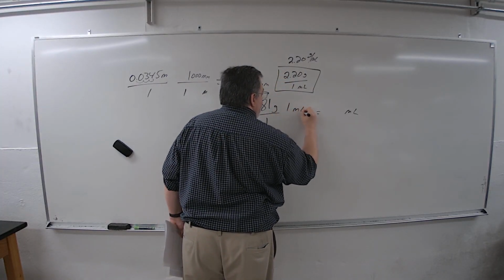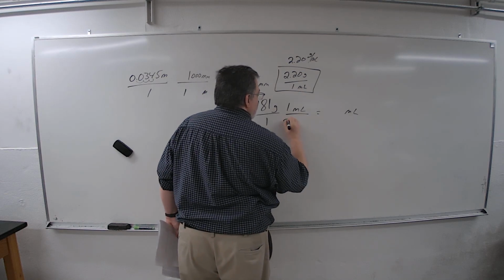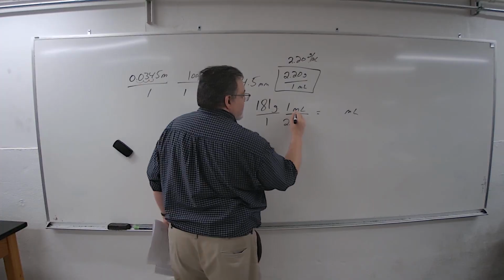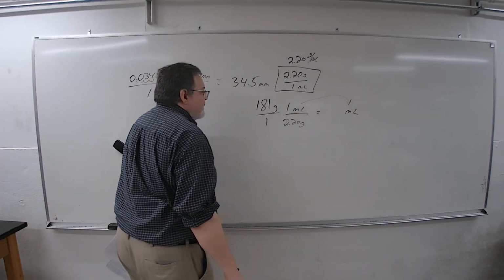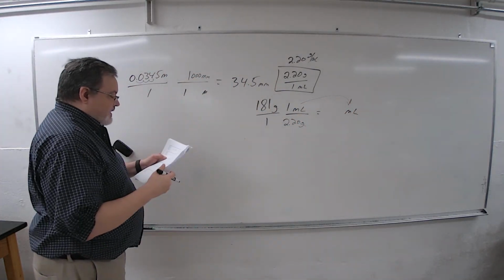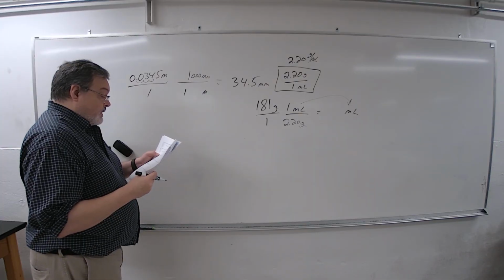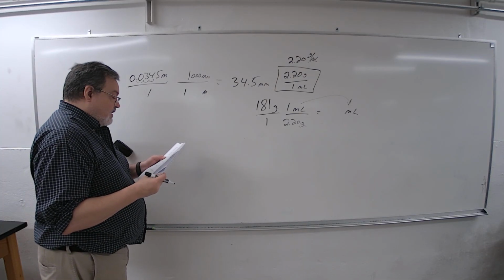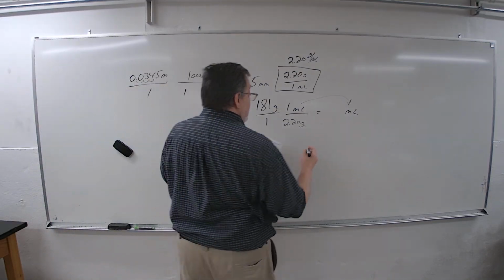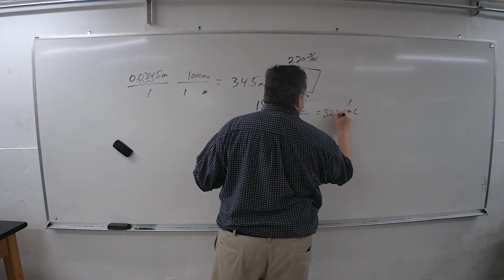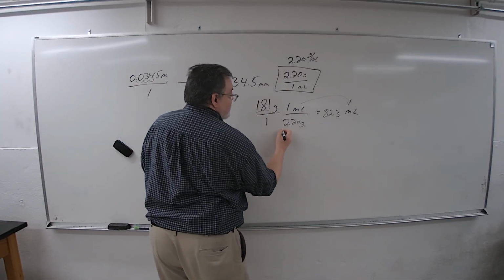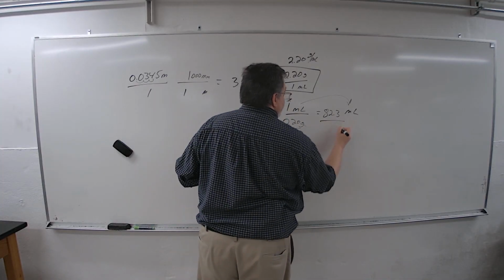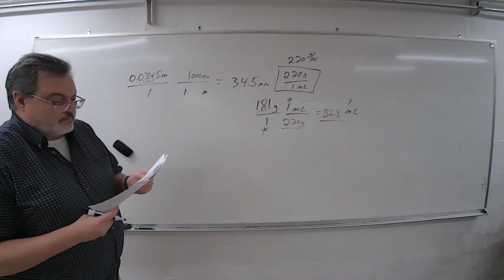So I want milliliters on top and 2.20 grams on the bottom. Now grams will cancel and will be in milliliters. So 181 divided by 2.20 is E, 82.3. Three significant figures, that's exact, that's exact. Three significant figures.